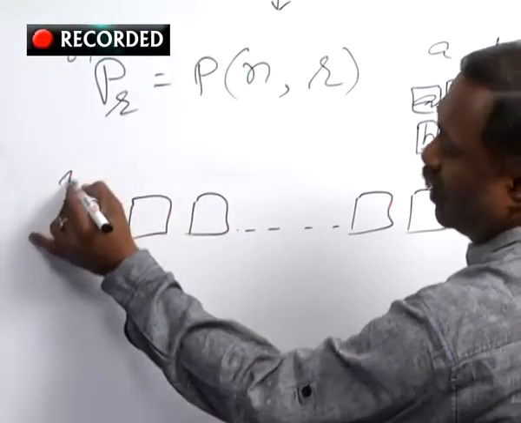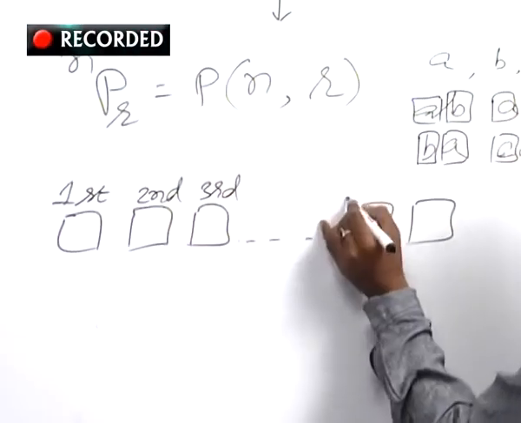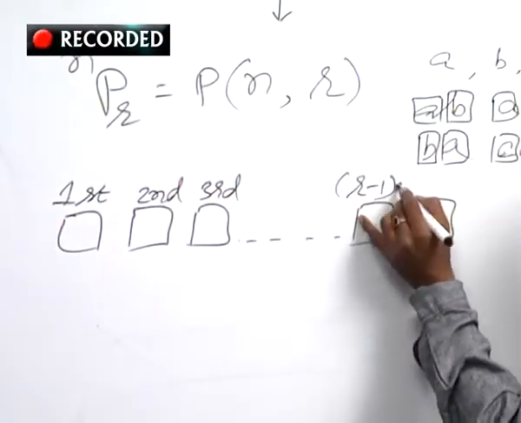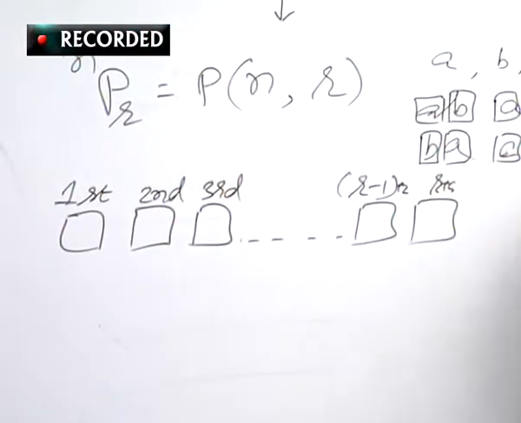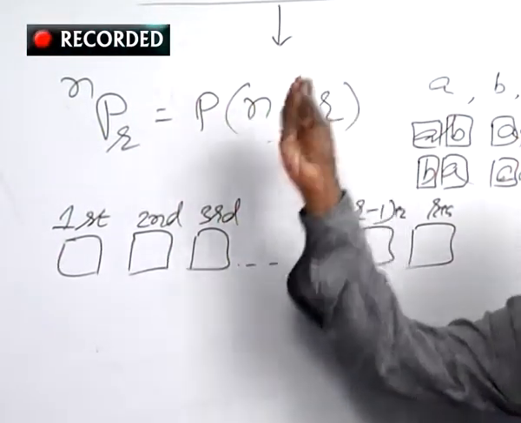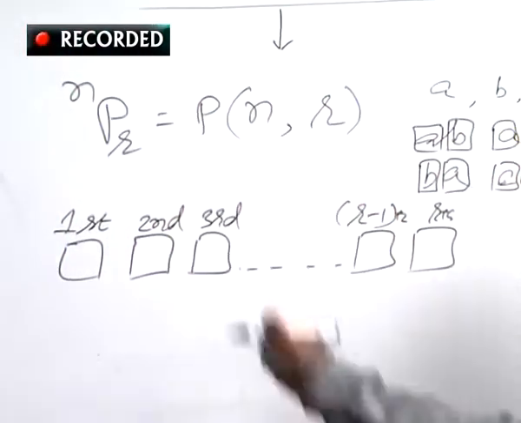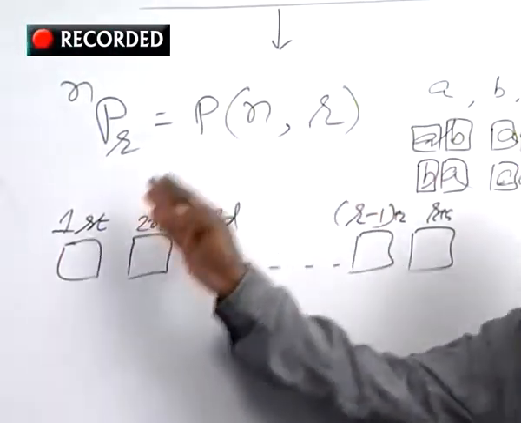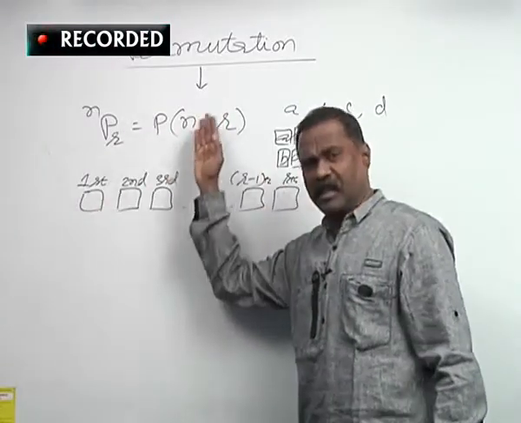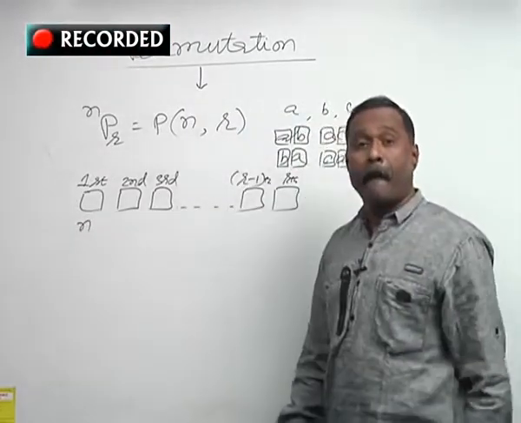This is first, this is second, this is third, this is (r minus 1)th, and this is rth blank place. Now, let us see. First blank place can be filled with n things in how many different ways? First thing can be written, second thing can be written, third thing can be written, and so on. nth thing can be written.